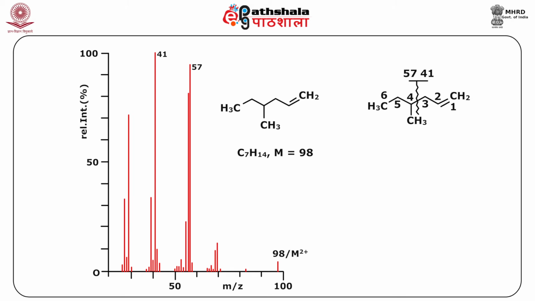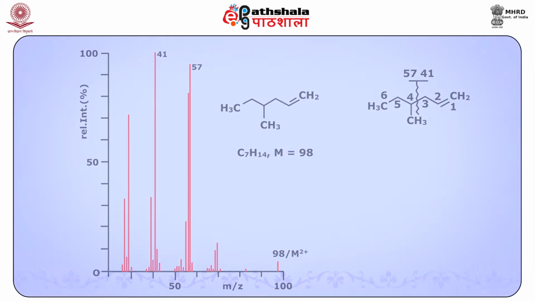Now you can see here that the molecular ion peak, which is at 98, is very low in intensity. However, if you see the allylic cleavage, which gives rise to a secondary carbocation and the allylic carbocation at m/z values of 57 and 41, these two peaks are of very high intensity.